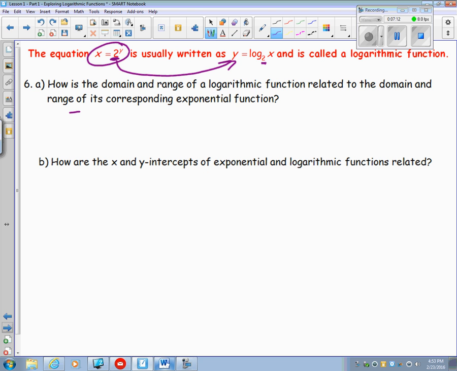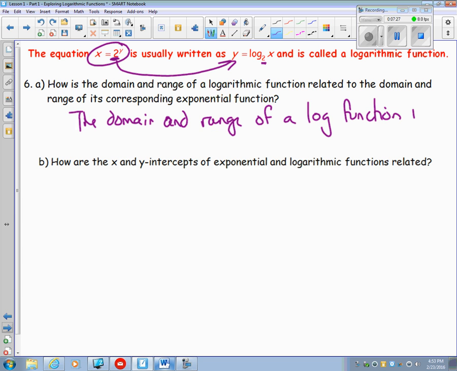So the domain and range of a log function, I'm just going to call them logs instead of logarithmic functions, are the opposite of the corresponding exponential function, and vice versa.